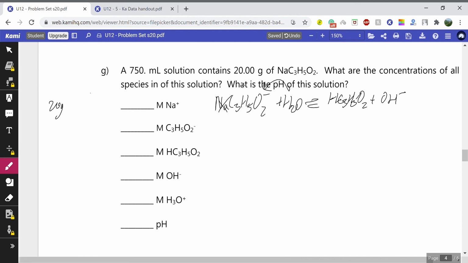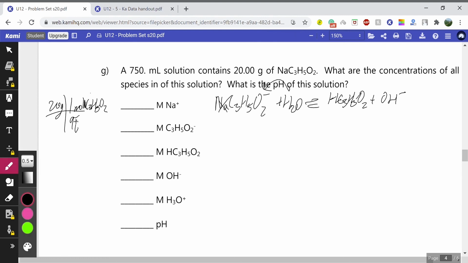We have 20 grams and 1 mole of NaC3H5O2. Na is 22.99 plus 12.01 times 3 plus 1.01 times 5 plus 16 times 2 gives us 96.07. 20 divided by 96.07 gives us 0.20818 moles.